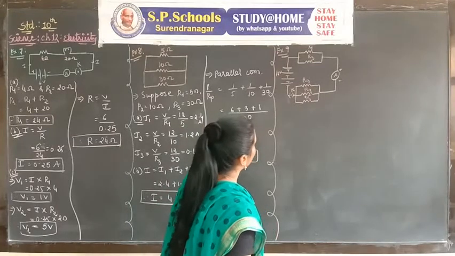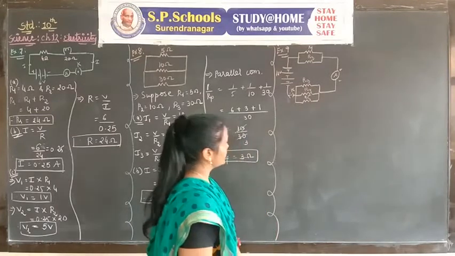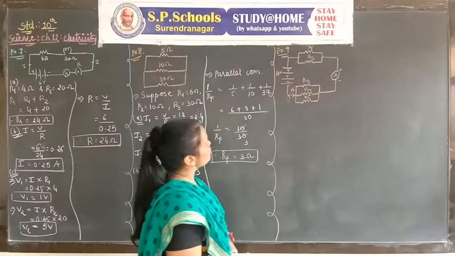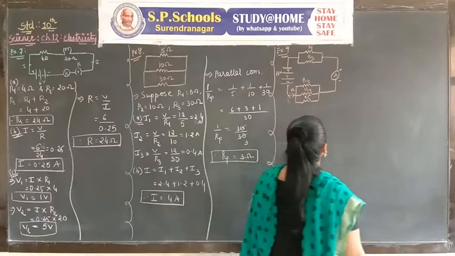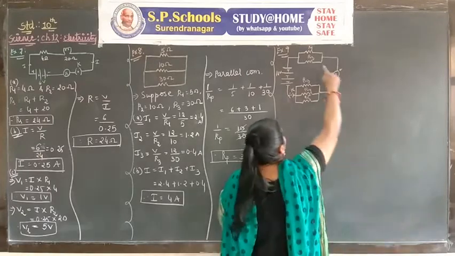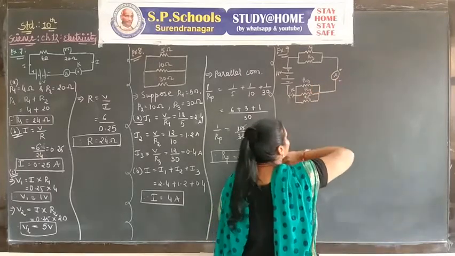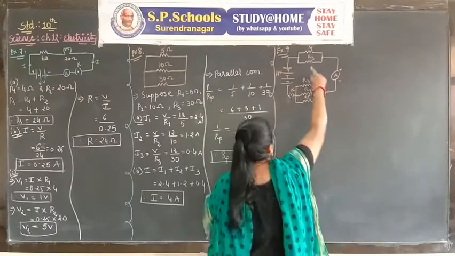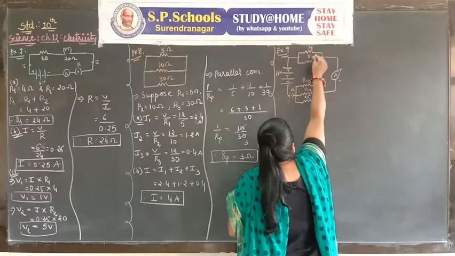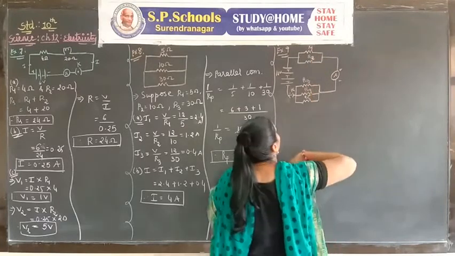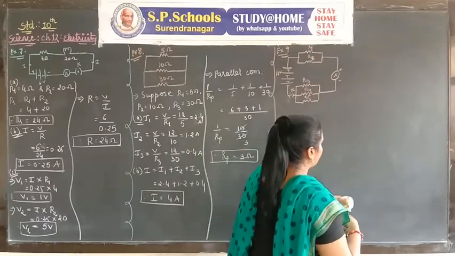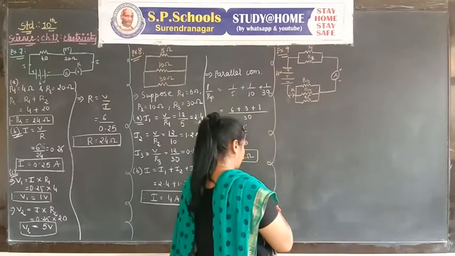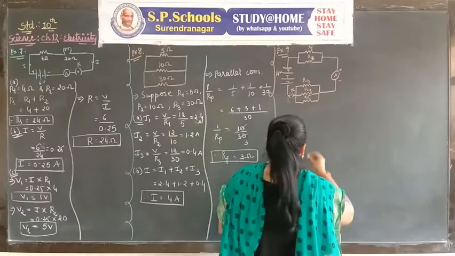Let's go through the next one. In series, in the circuit, two are connected in parallel and the other three are connected in parallel. First we find R1 and R2 in parallel, then we find R3, R4 and R5 in parallel combination. 5 resistances are given in the circuit.